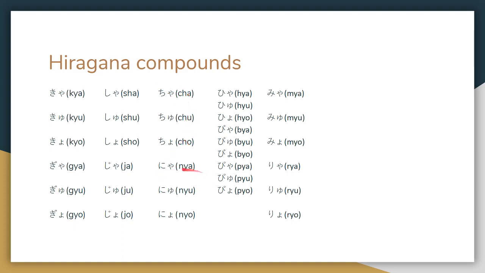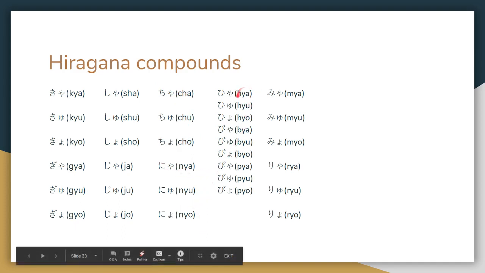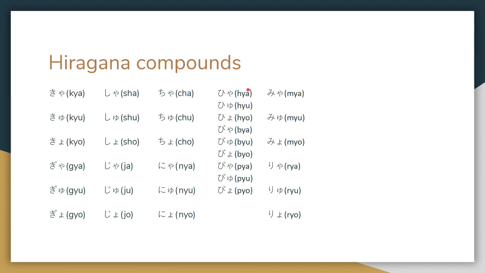Okay, and then ni is regular: nya, nyu, nyo, hya, hyu, hyo, hyaku. We've learned hyaku, that means 100. Bya, byu, byo: byoin, or byoki, that means hospital and sickness. Pya, pyu, pyo, mya, myu, myo. I've never seen these used except myu. Then rya, ryu, ryo.